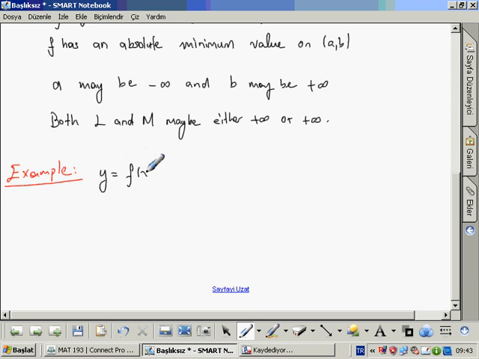y equals f of x equals x plus 4 over x has an absolute minimum value. Why?